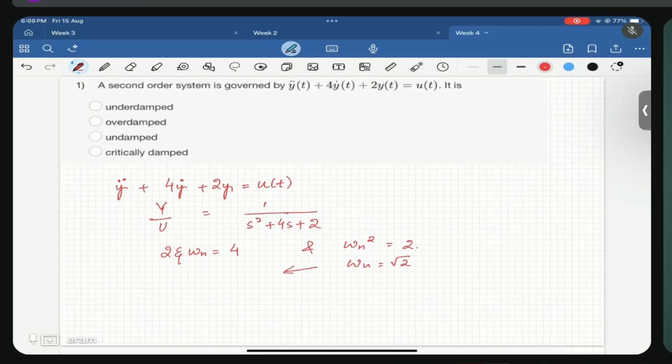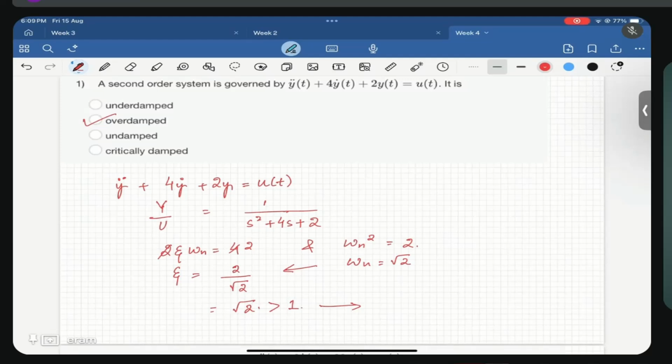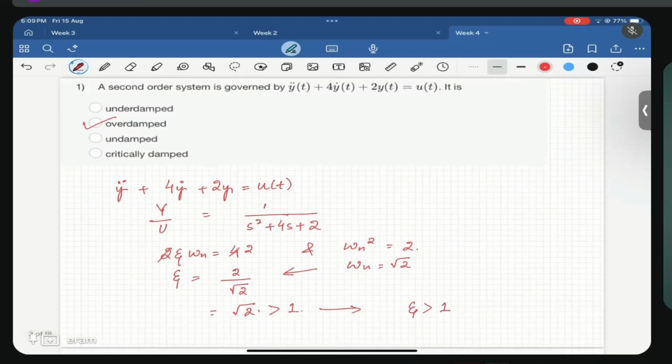So putting that value here, we will get zeta equals 2 by root 2, which is root 2. Since root 2 is greater than 1, the system will be overdamped because here zeta is greater than 1. Okay, very simple one.